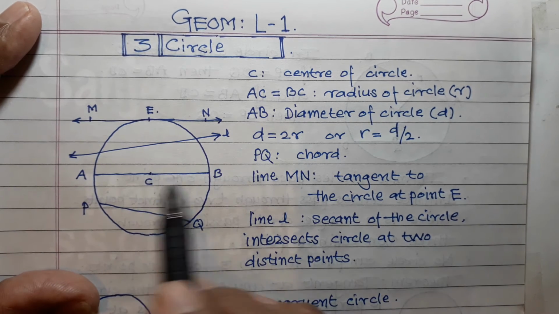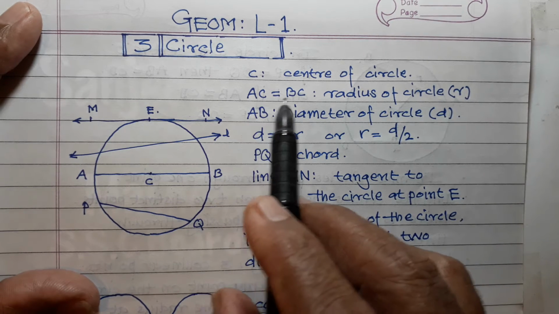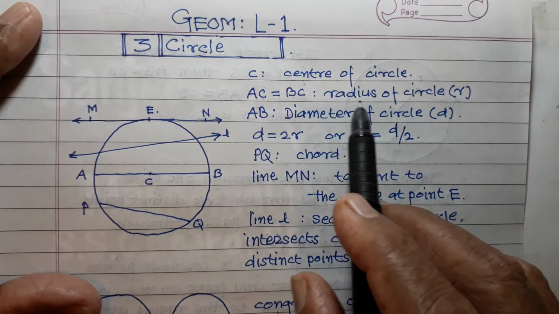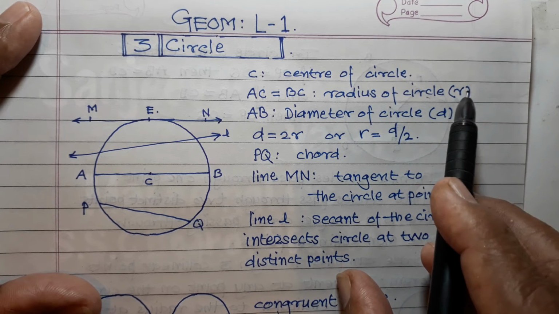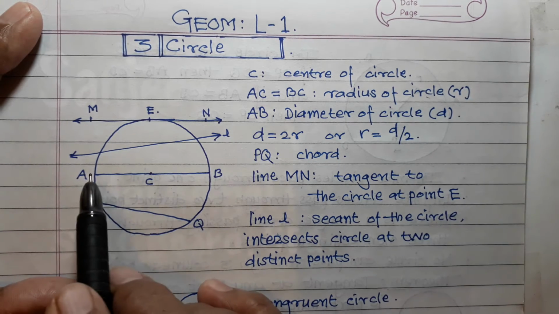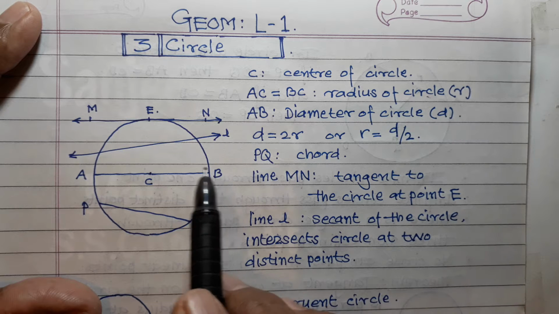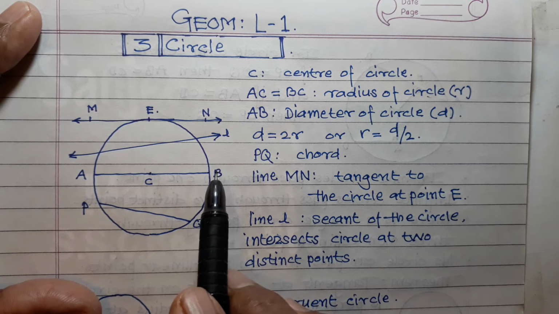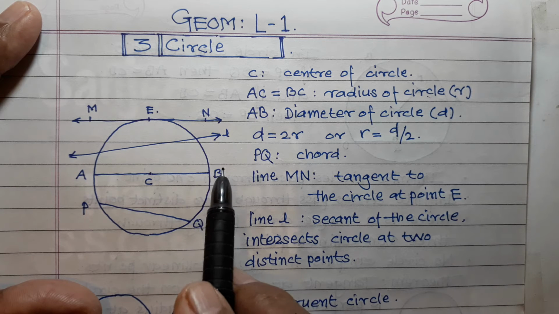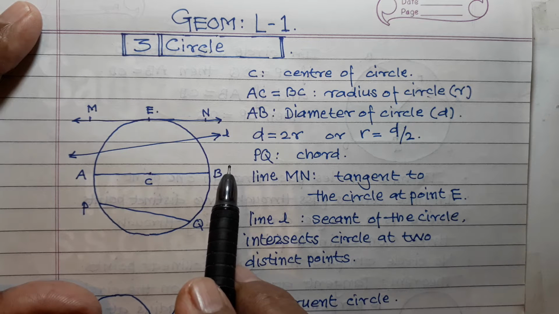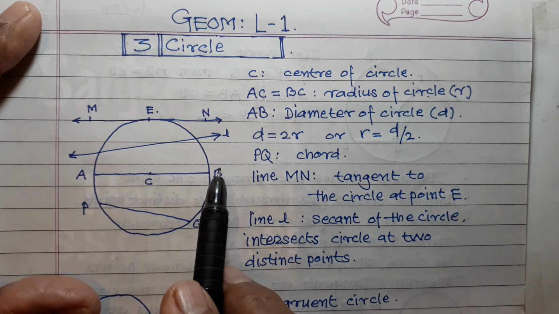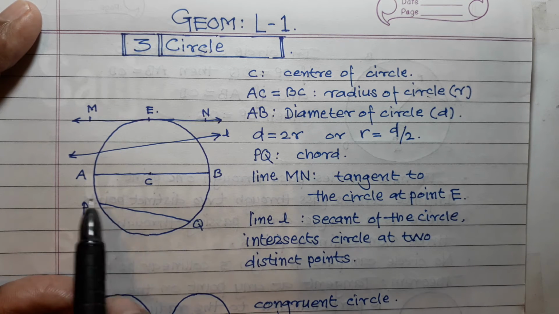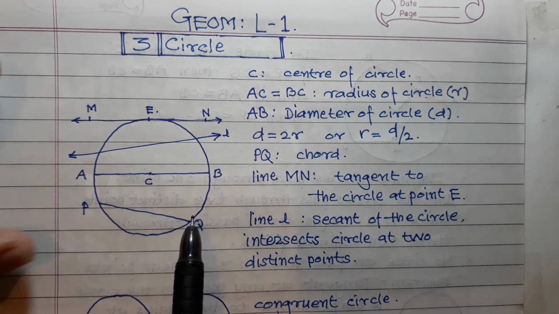AC is equal to BC, which is the radius of the circle, denoted by R. AB is the diameter of the circle, denoted by D. D is equal to 2R, that means double the radius, and R is equal to half of the diameter. Then PQ is a chord of the circle.